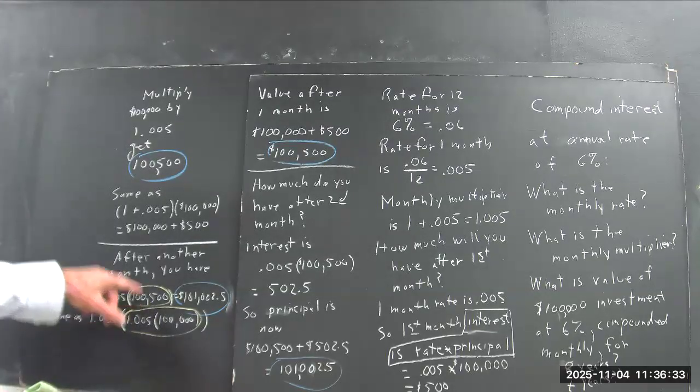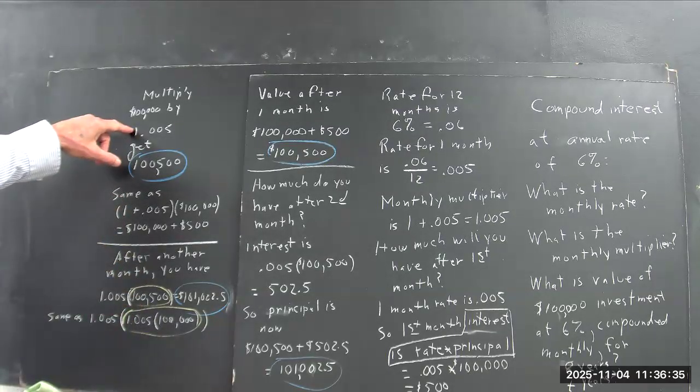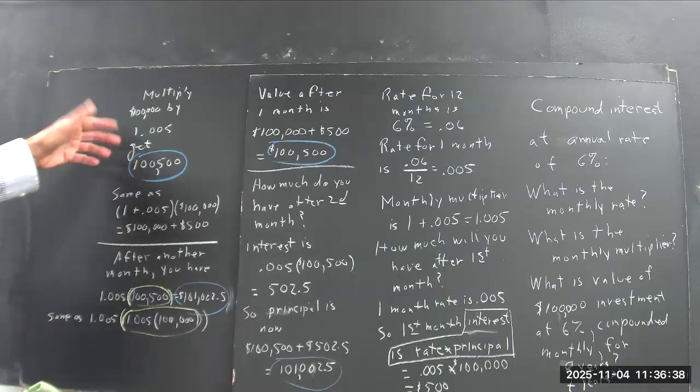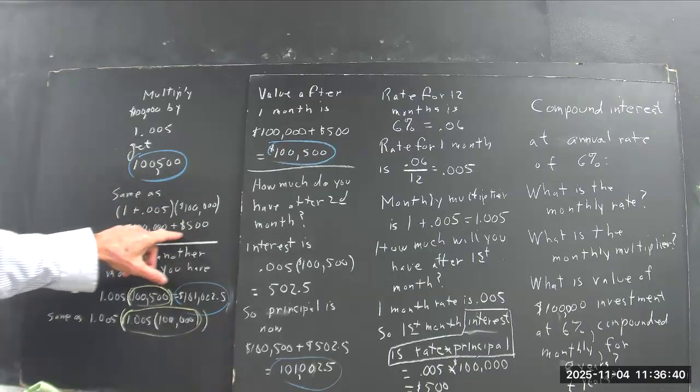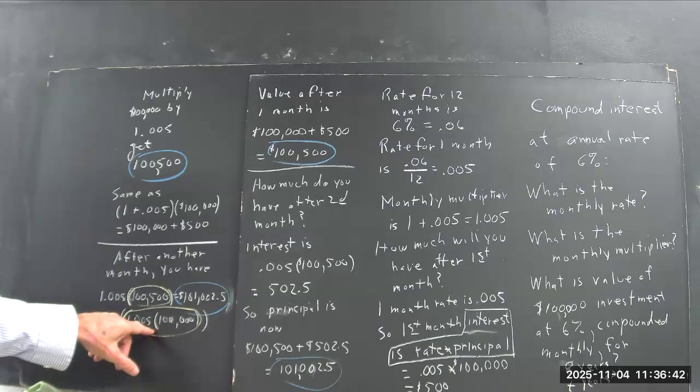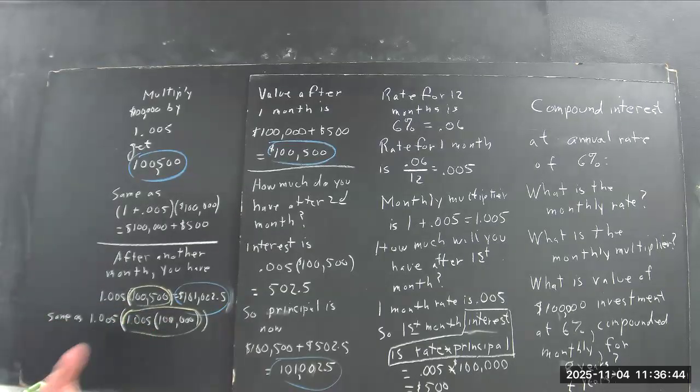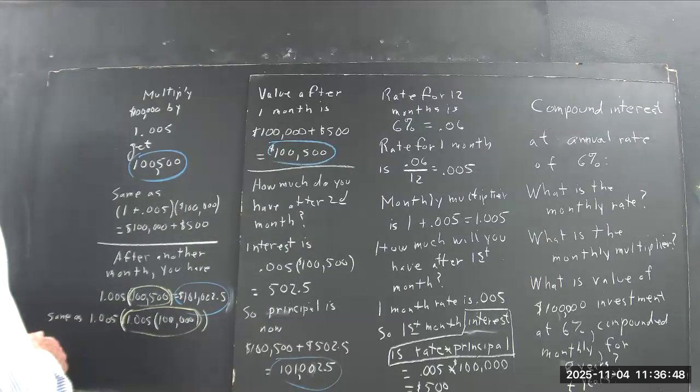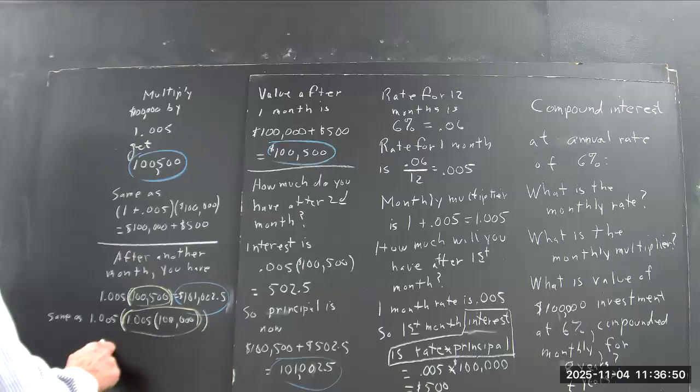Because how did we get this? We multiplied 1.005 times 100,000 to get this number. Does that make sense? And that equals what?